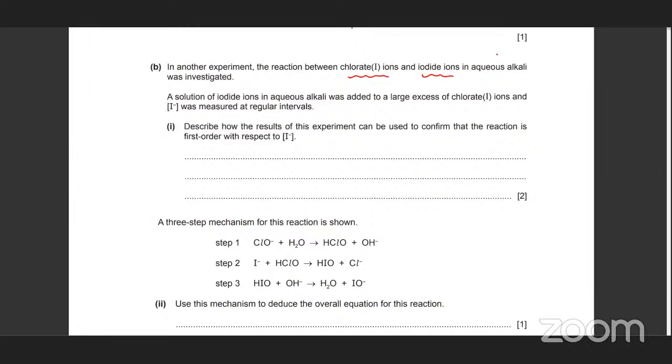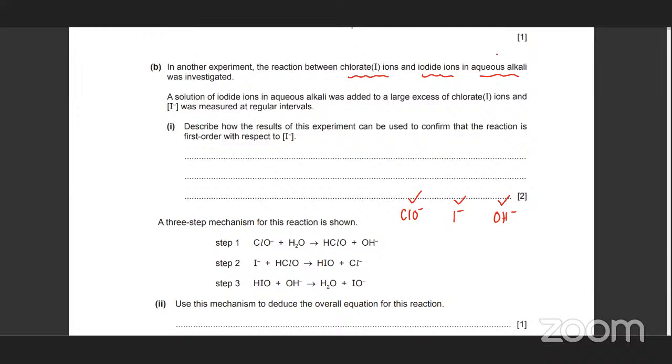So we're assuming there's ClO minus 1 ions, I minus 1 ions, and aqueous alkali, which is OH minus 1 ions. These are your three reactants. The rate is dependent on these three reactants, but we don't know how.